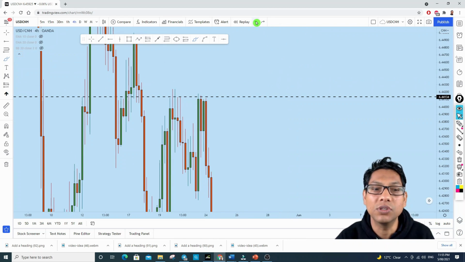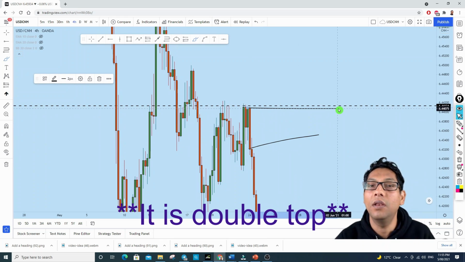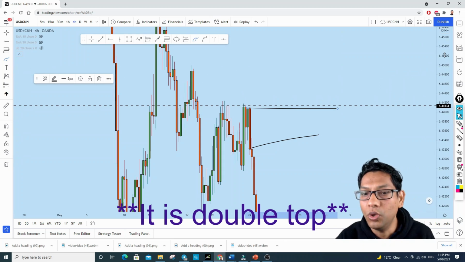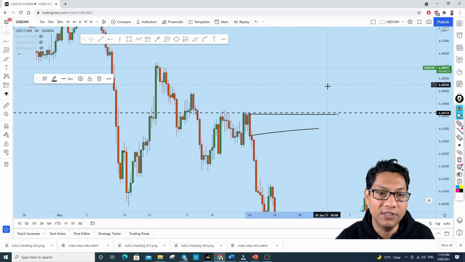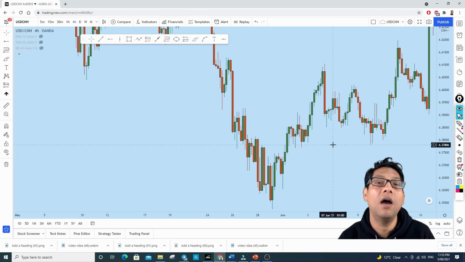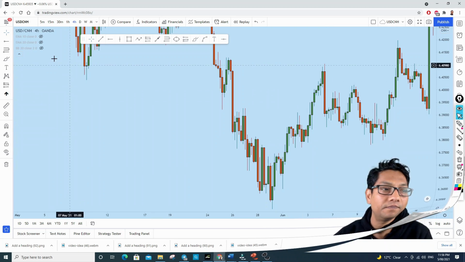So we can consider this candle as a valid double top according to our criteria. In that case, we definitely see that it is a big winning trade. So that is how you can find the high probability double top or double bottom setup. Let's see one more example to clarify.